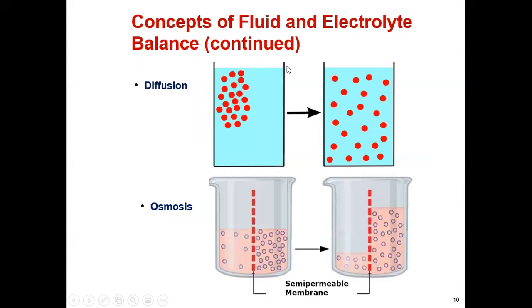So this is a true solution. Concentration is high here. Concentration is less in this area. Then it is distributed all over and looks like this. So diffusion means movement of particles.